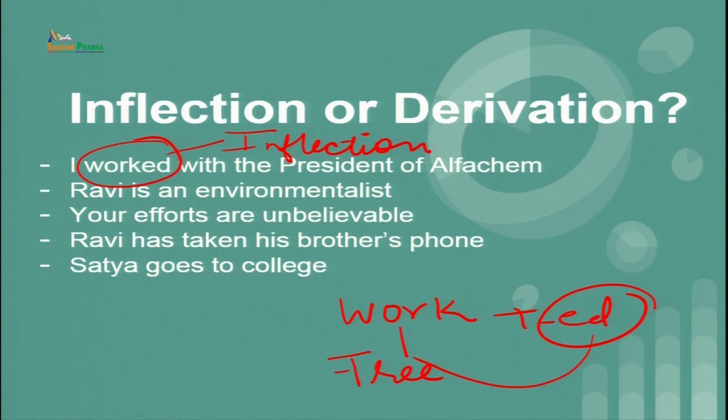Now, in the next sentence, if you see that it is written over here, Ravi is an environmentalist. What is the root in this sentence? Environment. If environment is the root, then what is AL here?